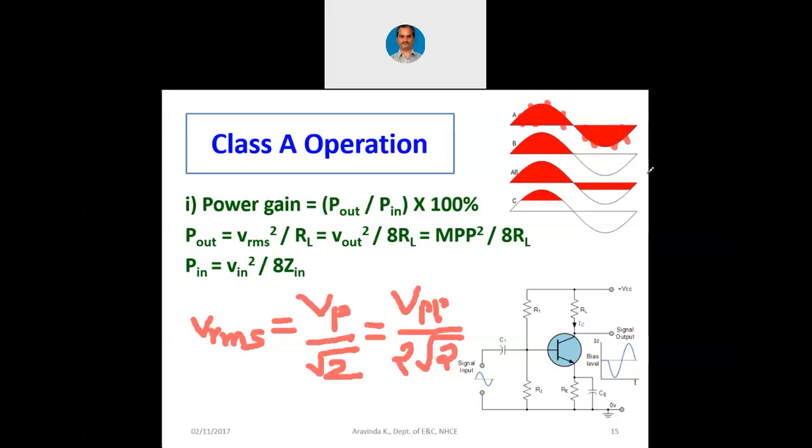When we say 220 volts is the RMS value for an AC signal, its peak value can be 314 volts and peak to peak value can be 628 volts. That means the regular AC voltage which we are using at our home or in the office or anywhere, even though we say 220 volts, it is around 630 volts peak to peak value.